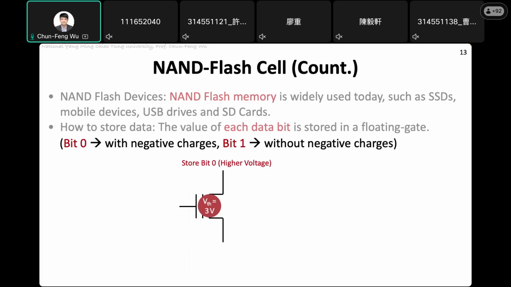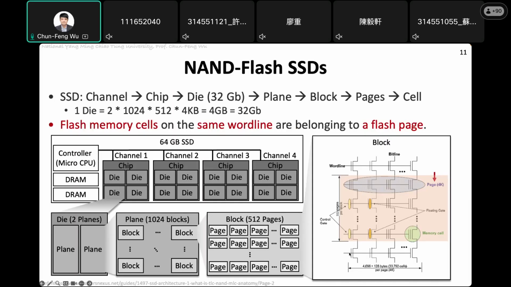So when there are electrons inside the floating gate, it means there is a voltage inside the floating gate. So if we apply a voltage on this structure, what we will see is that no current will pass through. Which means if you give this word line a 2.5 volt voltage, and you already have some electrons inside the floating gate, the current will not pass through it.